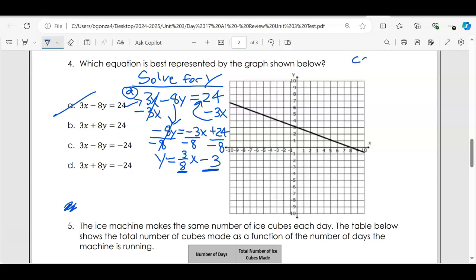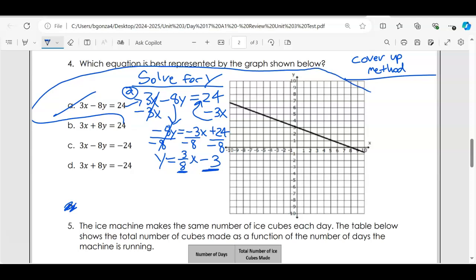Now, cover-up method. We're going to take B. So what I'm going to do is 3x plus 8y equals 24. What I do first is I cover up the 3x.